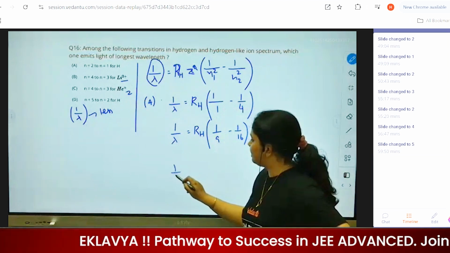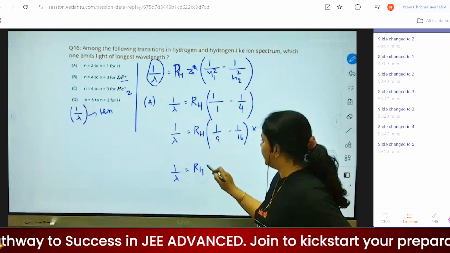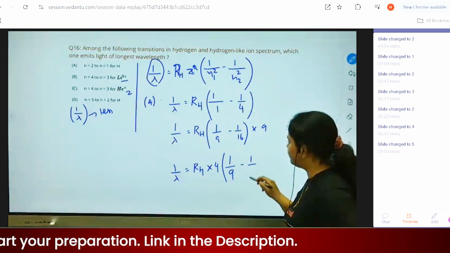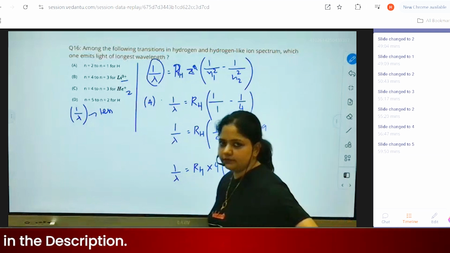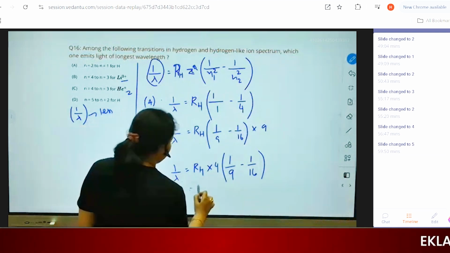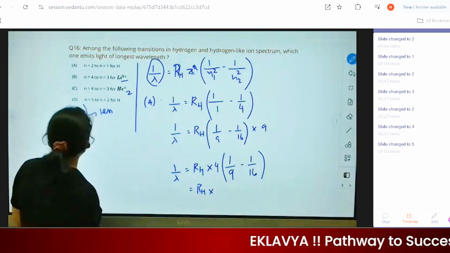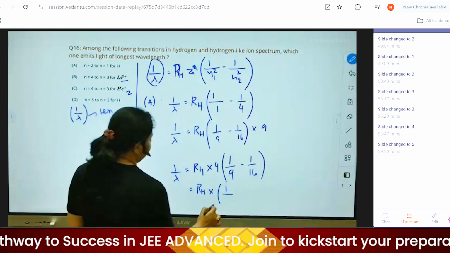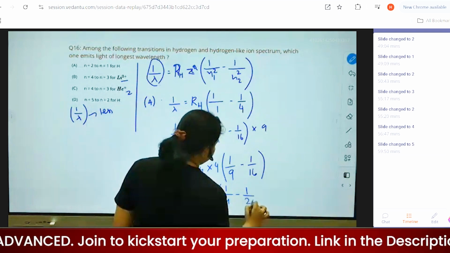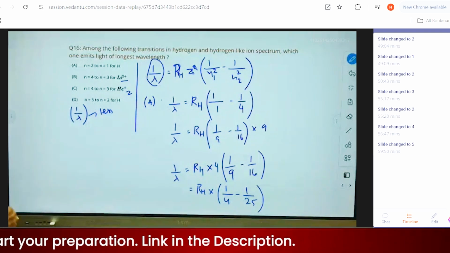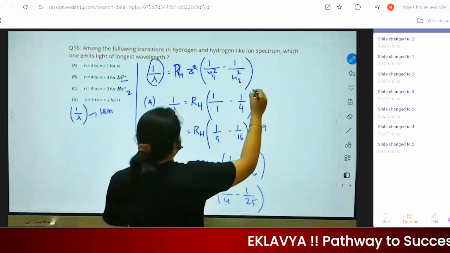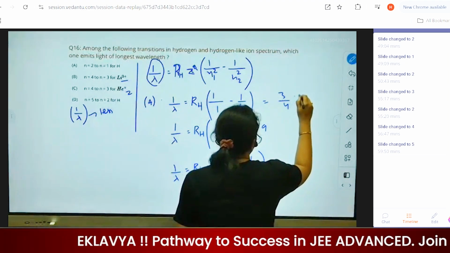So next, 1 by lambda is equal to RH into 4 into 1 by 9 minus 1 by 16. Okay. Next we have one more, RH into 1 by 4 minus 1 by 25. So here you can figure out 4 into 1 into 9, so it will come 3 by 4, right? 3 by 4 RH.